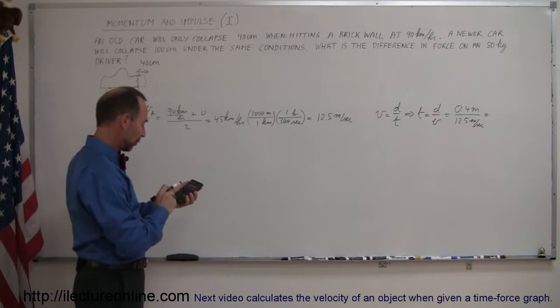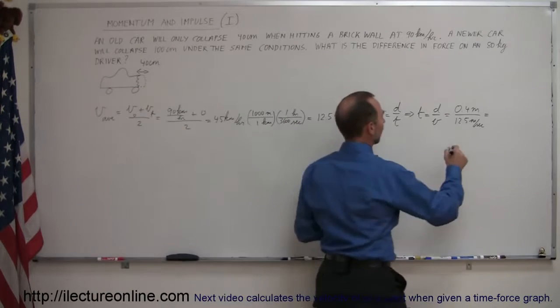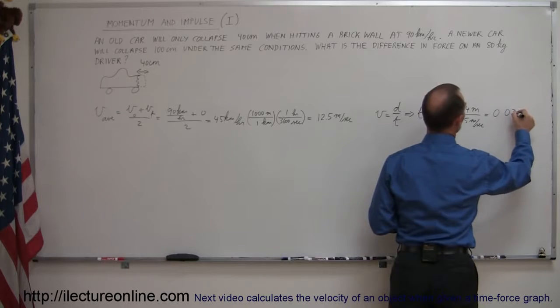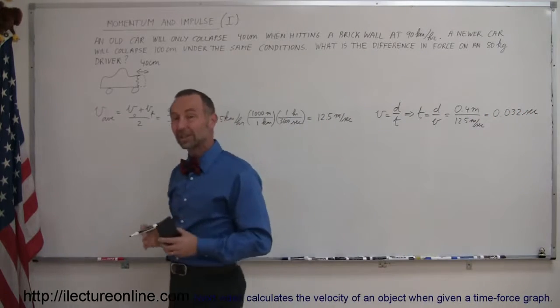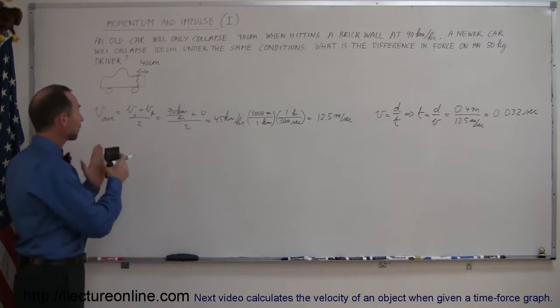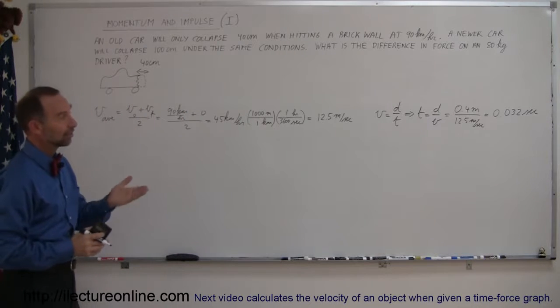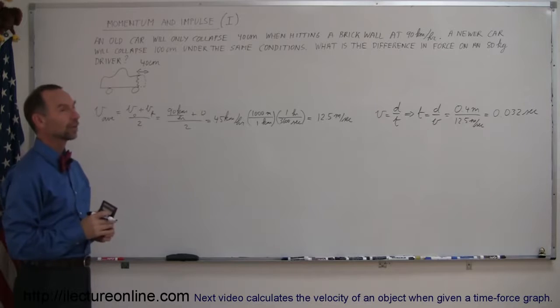That is 0.032 seconds, which is 32 milliseconds. So in a front-end collision with an old car that only collapses 40 centimeters, the collision lasts about 0.032 seconds.